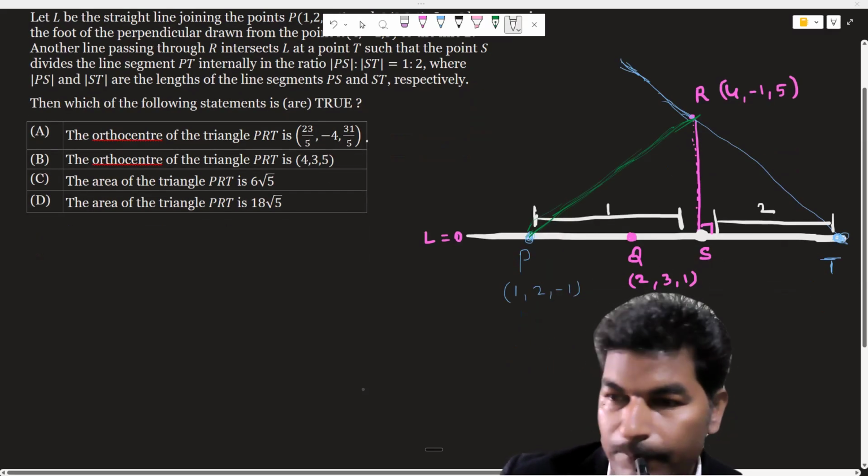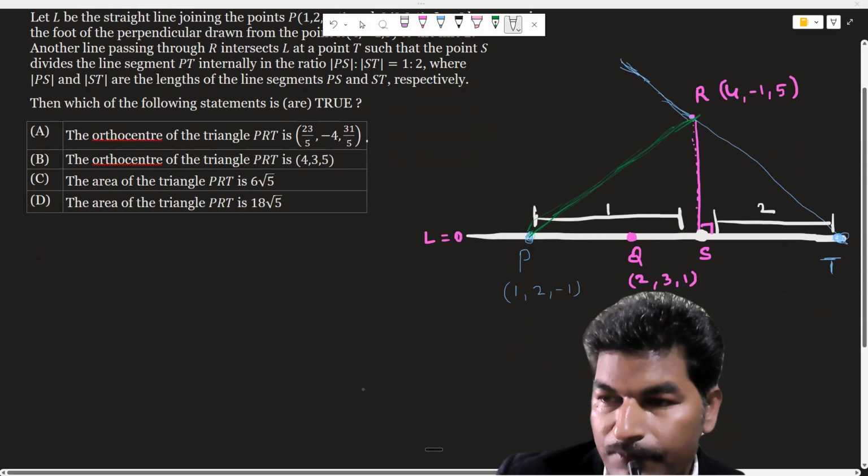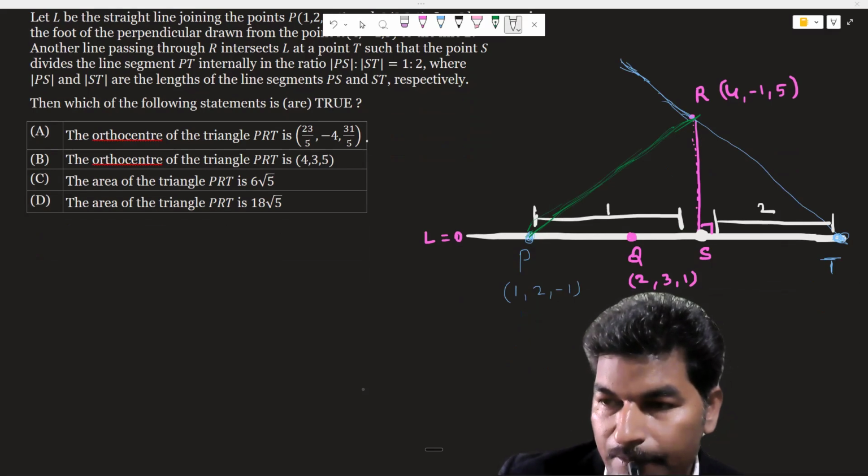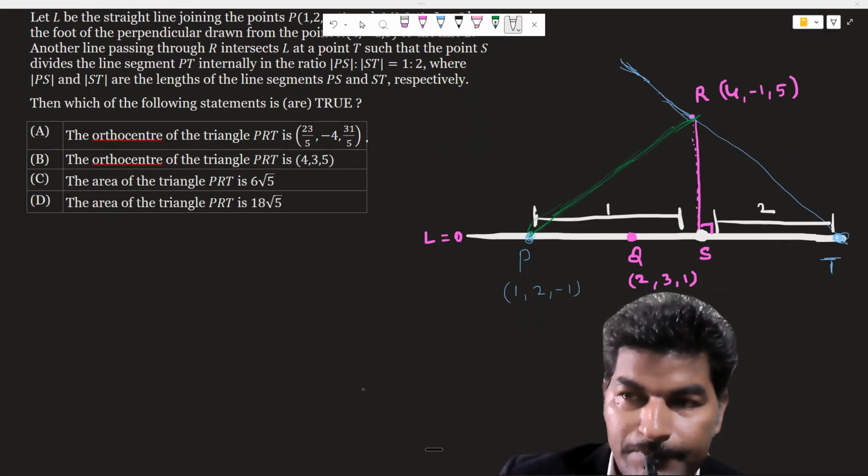Now, take a look at the diagram. First we need to identify the point S. That is the first task.